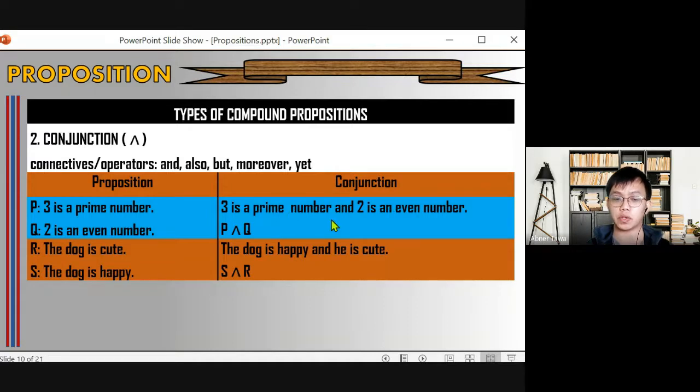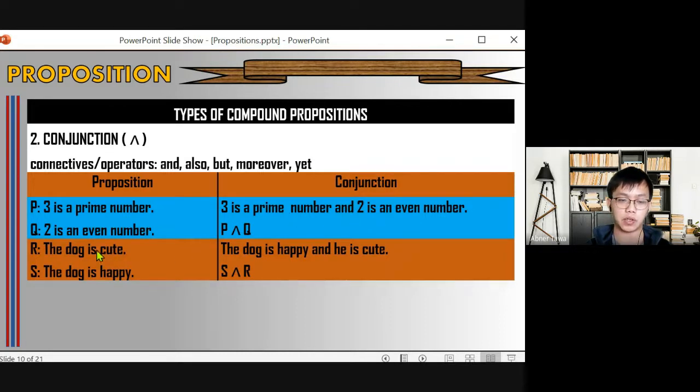If we're going to observe, the connective that we have used is the word and. Therefore, this is a conjunction. And if you're going to symbolize that, it follows what is the symbol for this proposition. 3 is a prime number, that is P. So P, the symbol for and, and Q. That is Q, 2 is an even number. So that is for conjunction.